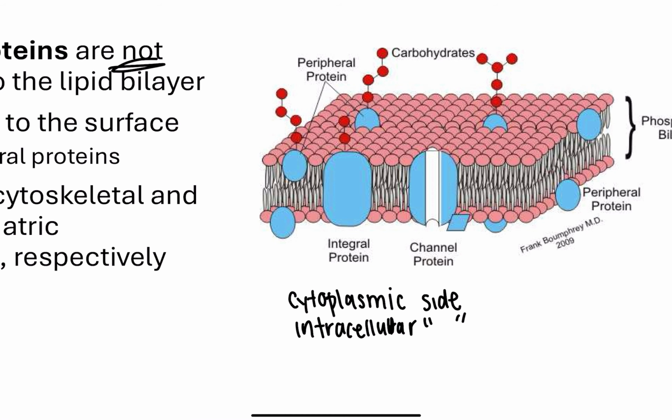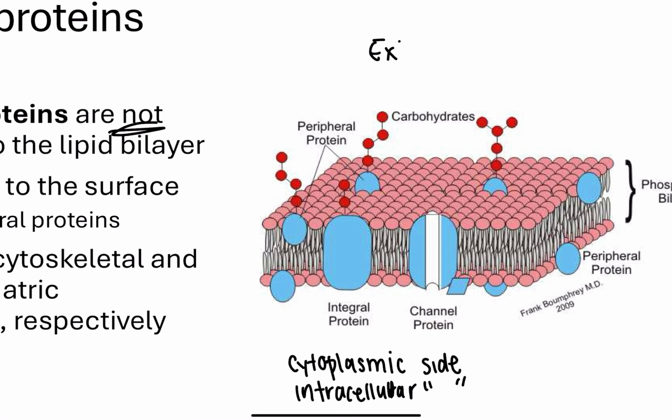And then on the extracellular side, we're going to have some membrane proteins that attach to fibers of the extracellular matrix. These attachments combine to give animal cells a stronger framework than the plasma membrane itself could provide.